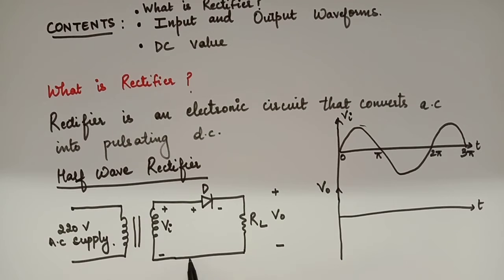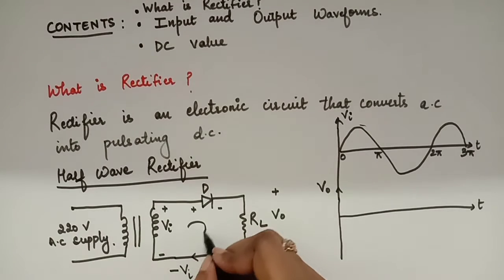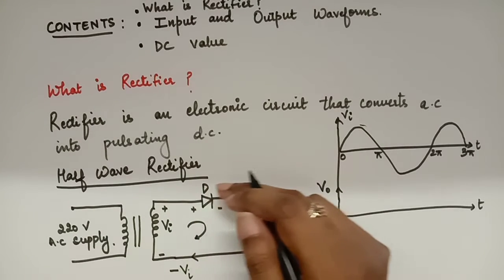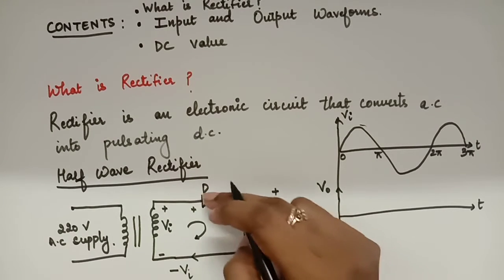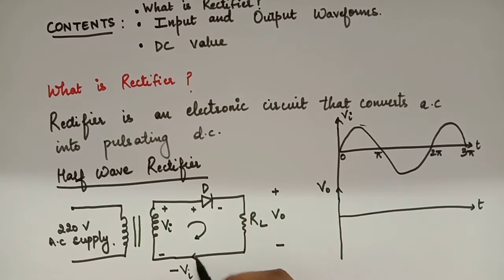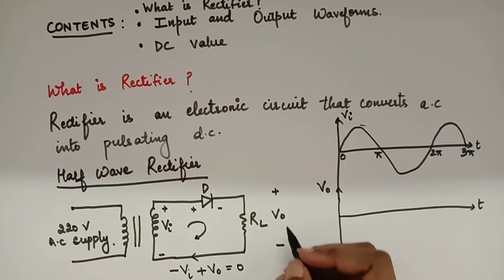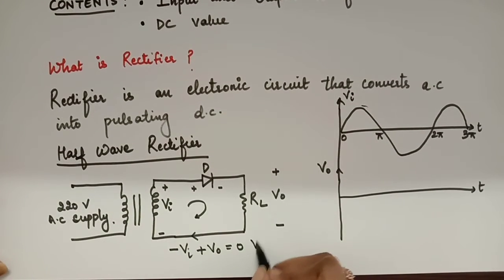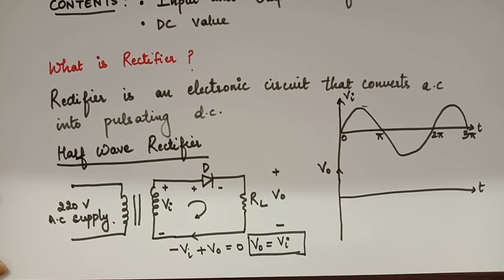I start applying KVL from a simple wire. Minus Vi, I am applying in this direction, minus Vi, simple wire, no voltage across it, plus V0 is equal to 0. So V0 is equal to Vi. During the positive half cycle, V0 is equal to Vi.